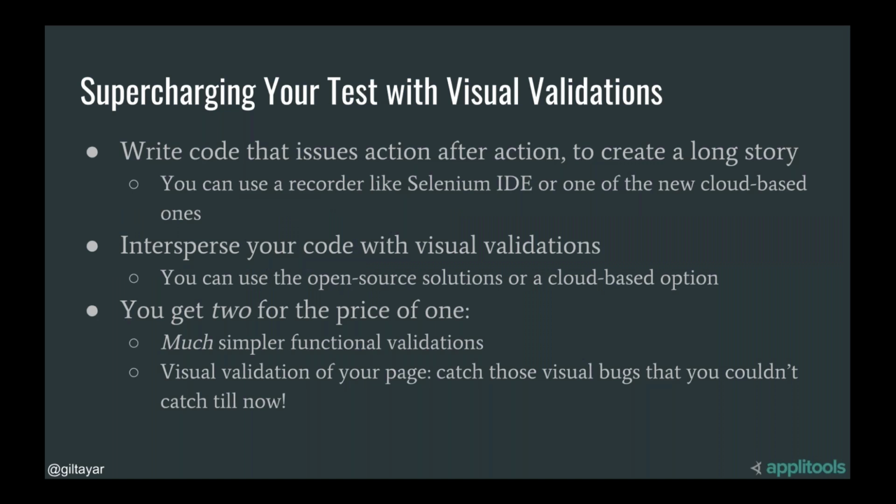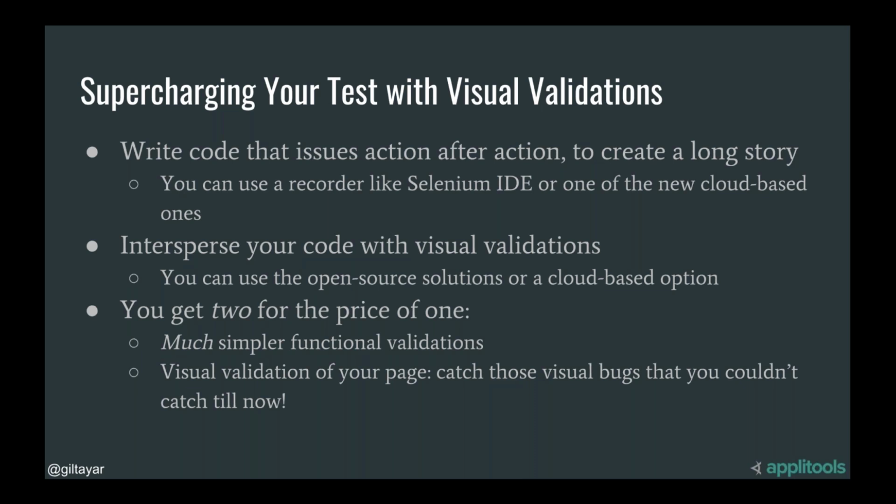So how does one supercharge or turbocharge our tests with visual validations? One, we write code that issues action after action to create a long story. We already know how to do that. And then instead of the regular validations that check the value of a text field or the value of an H1 or a span or a div, we just check the whole page using visual validations, either with open source solutions or with cloud-based options.